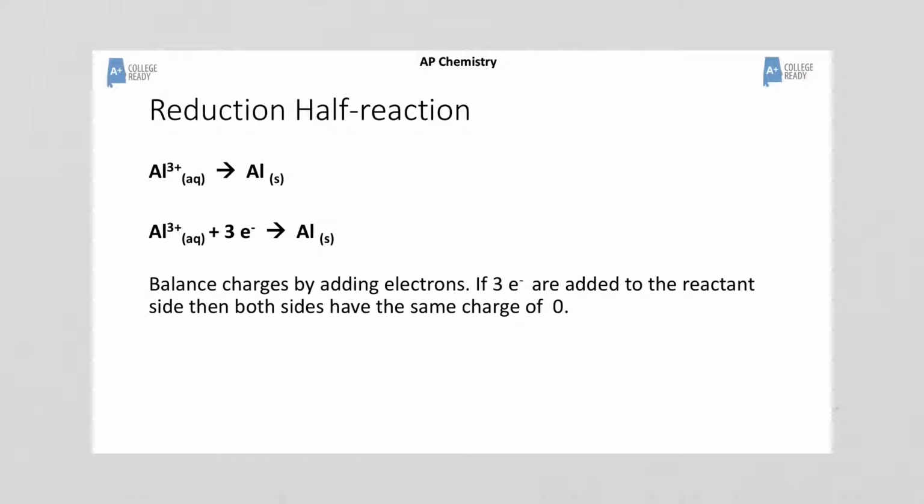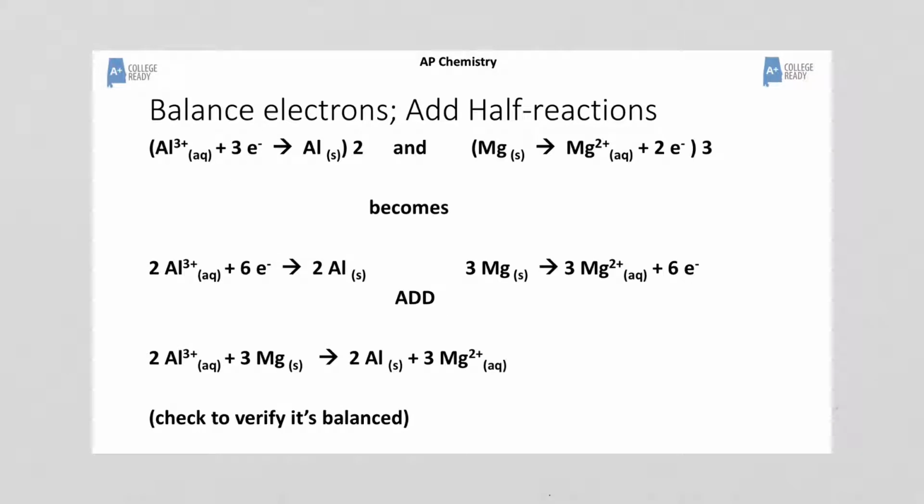So if we see a loss of 2 and a gain of 3, like I mentioned earlier in the notes, that is not balanced. So both half reactions would need to be altered or multiplied by an integer so that the electrons will cancel. So if we multiply the aluminum half reaction by 2 and the magnesium half reaction by 3, we have 6 electrons, and we can add those together, and now we have a balanced reaction.